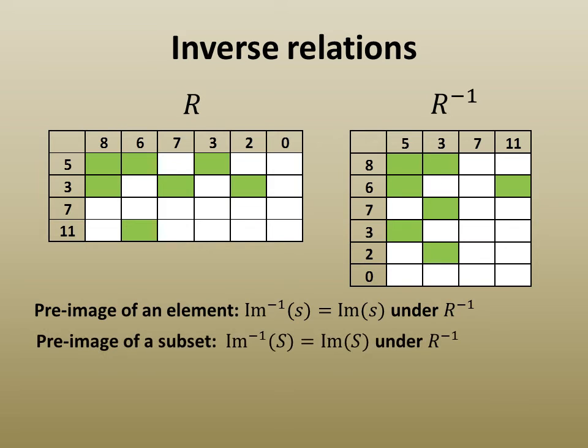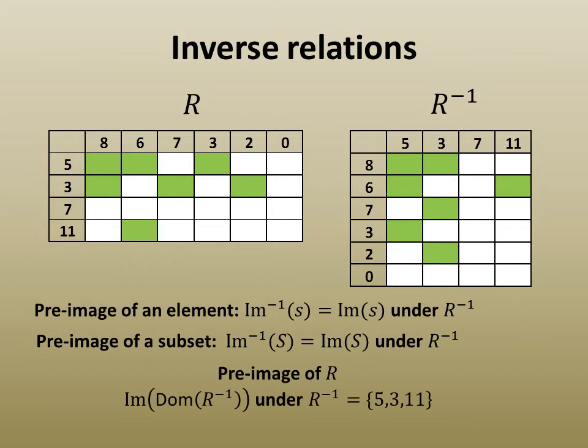Similarly, the preimage of a subset S of the codomain is the image of the set S under inverse R. Finally, the preimage of the relation R is the image of the domain of inverse R under inverse R. Simply put, it includes any element in the domain which connects to some element in the codomain. So in this case, it's a set comprised of 5, 3, and 11.